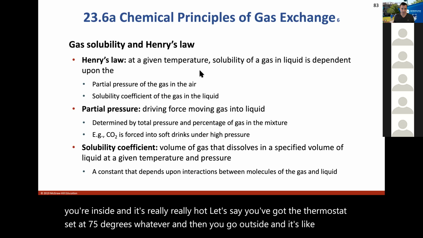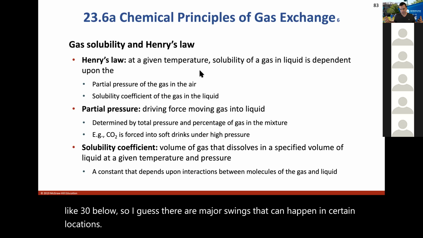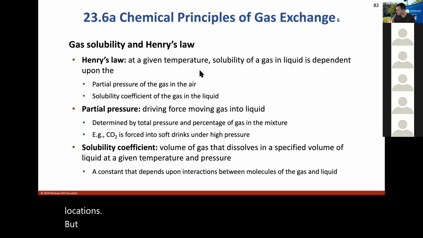So there are major swings that can happen in certain locations. But generally, temperature is relatively similar.